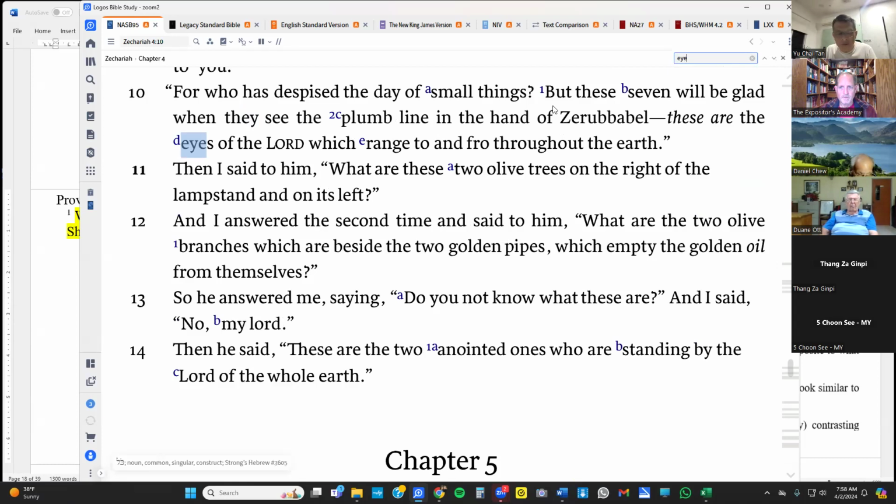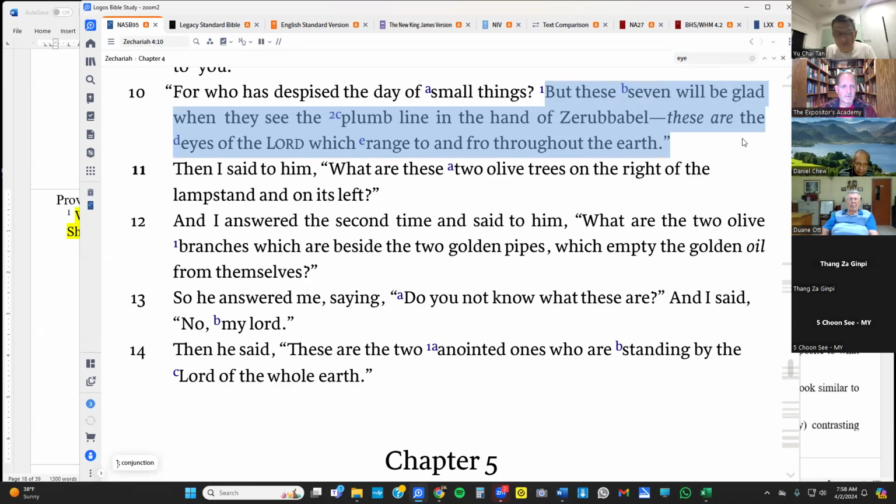Yeah, Zechariah 4: "These seven are the eyes of the Lord, which range to and fro." So does God have seven eyes? Well, that's one, an anthropomorphism. But secondly, we have to ask, is that seven literal? Or is it just an expression of the idea of completeness, that God sees everything? That is how I would lean on this one.